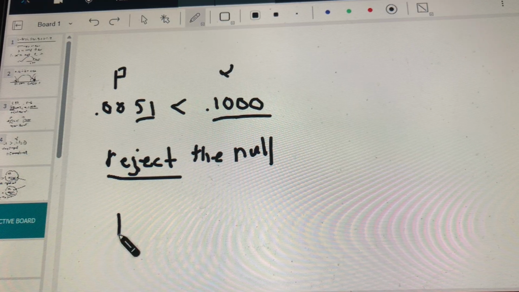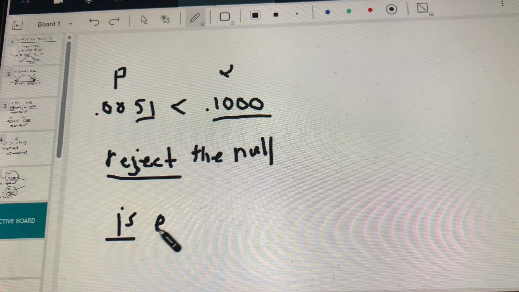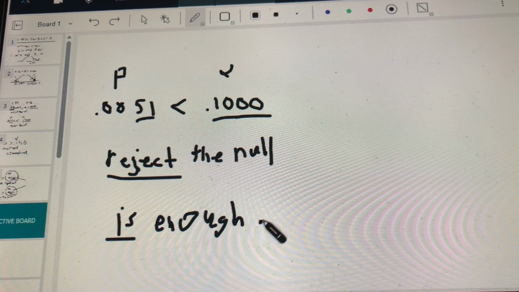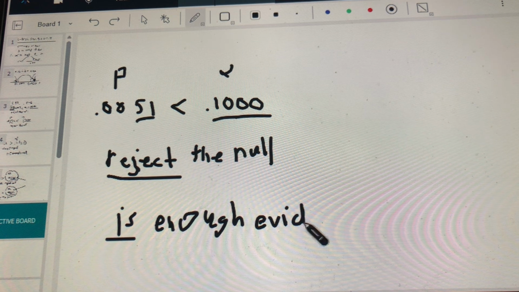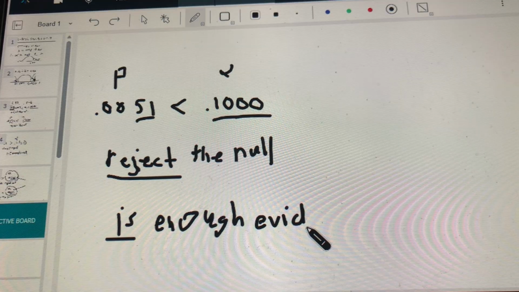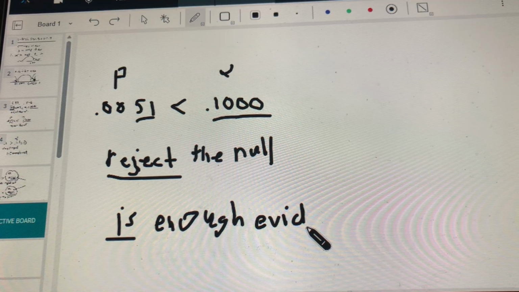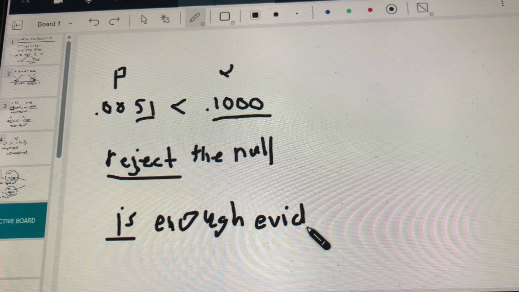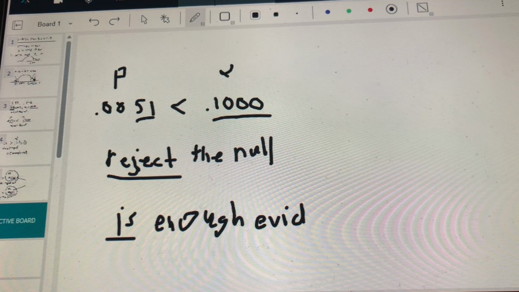And if you reject the null, there definitely is enough evidence to say it's less than whatever it was. So anytime you reject the null in part 4, then there is enough evidence in part 5. If you do not reject the null in part 4, then there's not enough evidence in part 5.